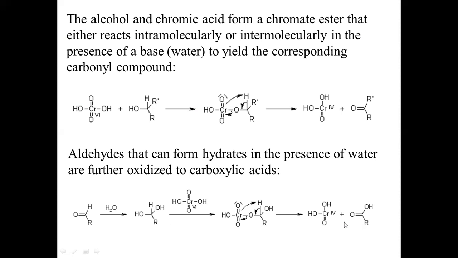Now we can see the chromium again. You can see chromium got reduced to the chromium 4 compound H2CrO3. The oxidizing agent itself is getting reduced and it oxidizes another molecule. Here in this case, alcohols are getting oxidized.